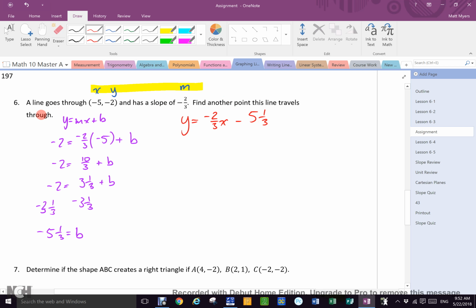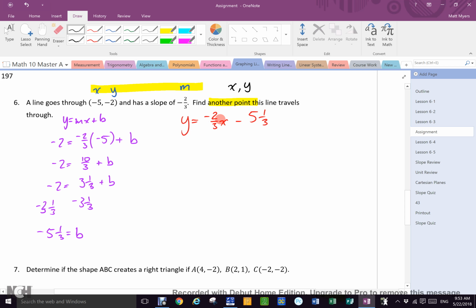And I want any other point. What do we know about every single other point? It is an x and it is a y, correct? What do you see right there? Is x input or output? Input. Who chooses inputs? You do. What's the easiest input to put in for x? 0.